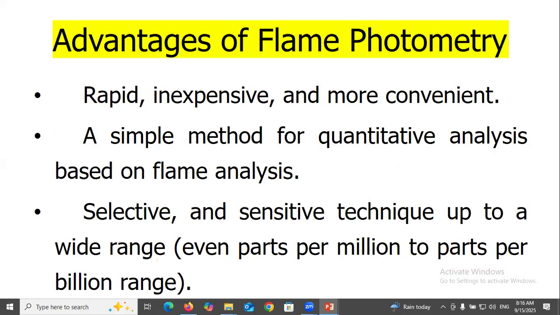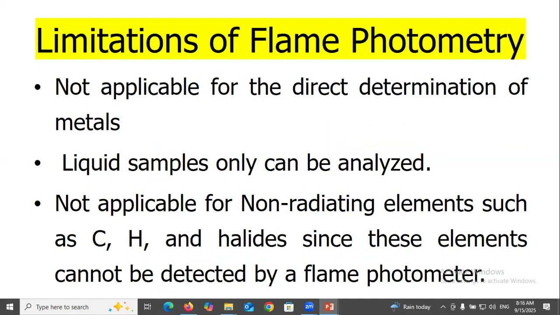bodily fluids. Advantages of flame photometry: rapid, inexpensive, and more convenient, a simple method for quantitative analysis based on flame analysis. Selective and sensitive technique up to a wide range, even parts per million to parts per billion range.